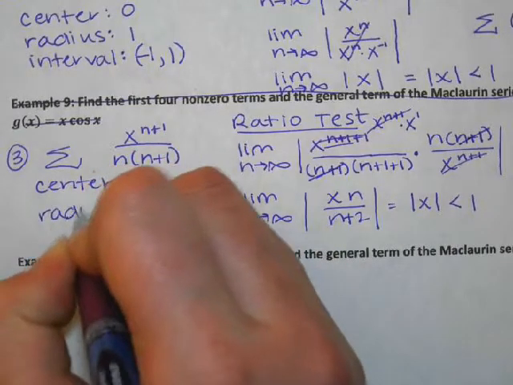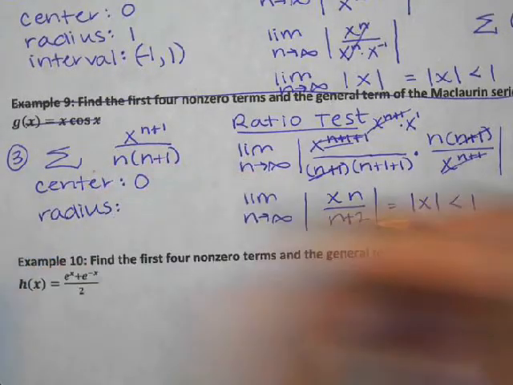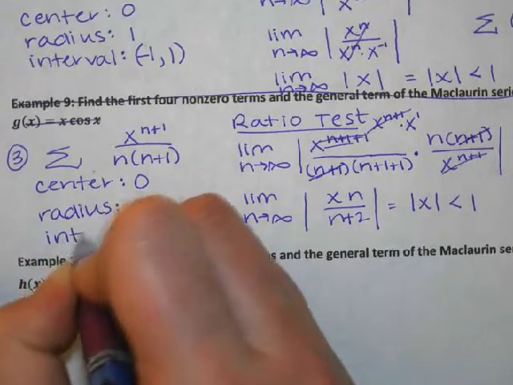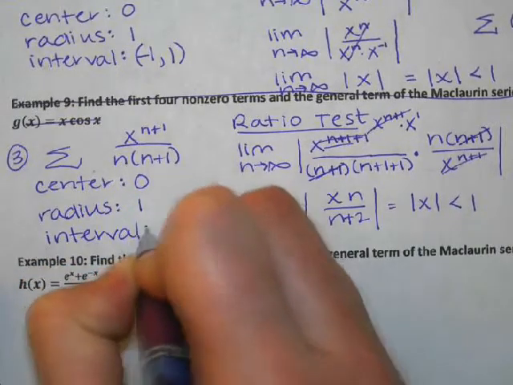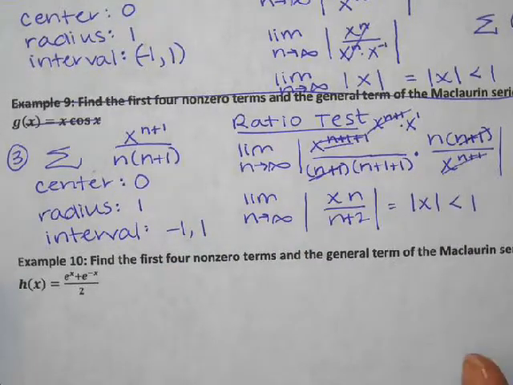Okay? So now we know our interval is from -1 to 1, but we've got to check our ends.